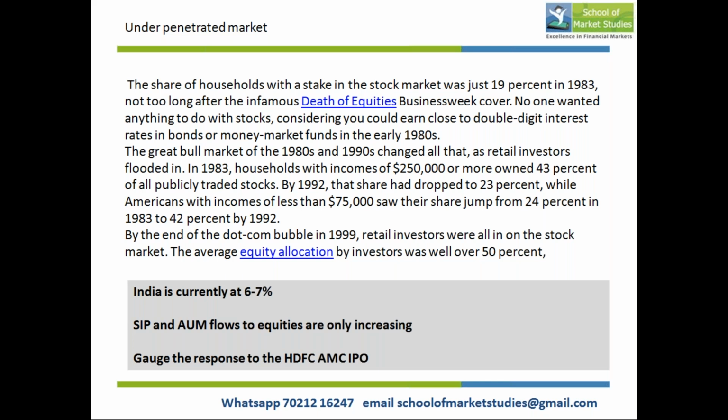That it would go down, right? Ownership. No, it actually rocketed, and it hit 23% in 92, right? So from 1983 to 1992 it took a lot of time, and finally at the end of 1999, the equity allocation by investors was well over 50%. Okay, so similarly, the equity cult is going to catch up in India.